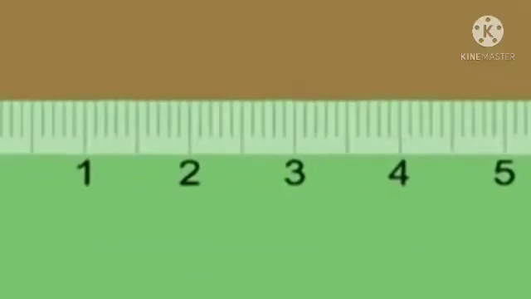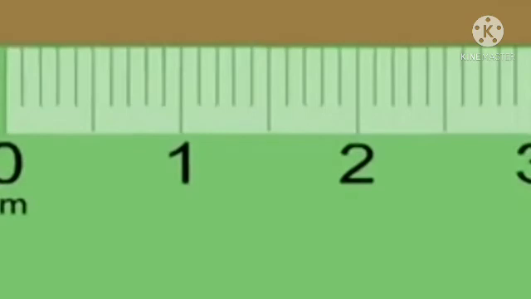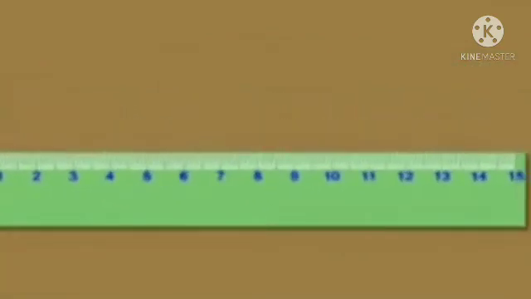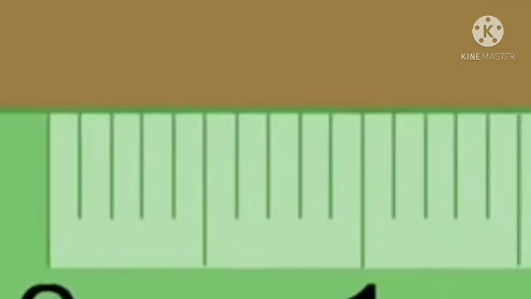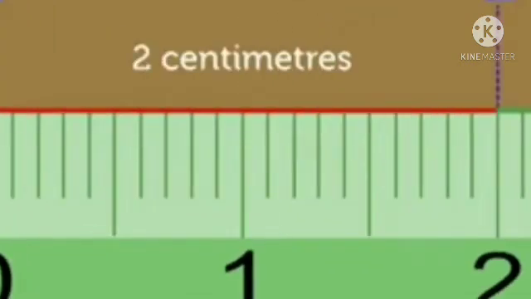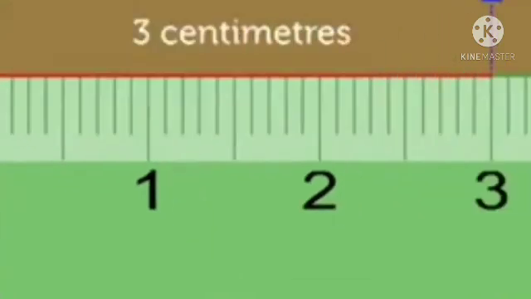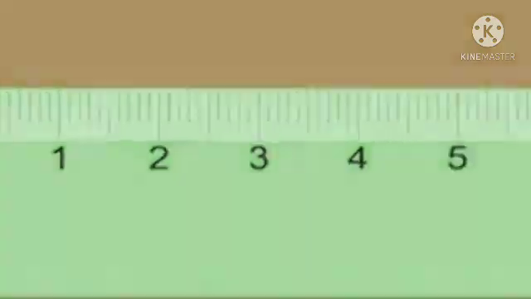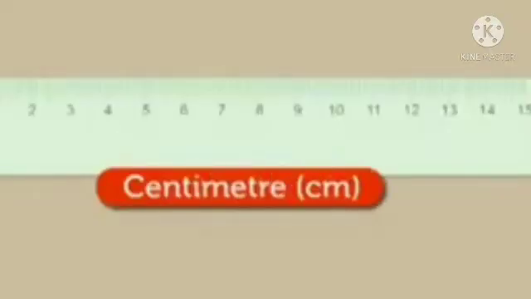We measure the length from the 0 mark by counting numbers from 0 to 15. We read the length as 1 centimeter, 2 centimeters, 3 centimeters, and so on. To write centimeter, we use its short form, that is cm.